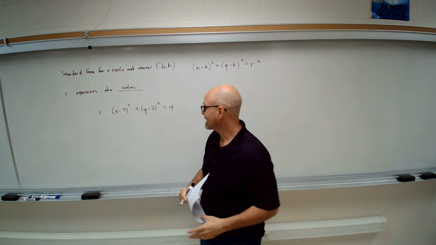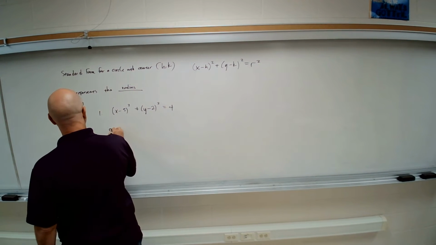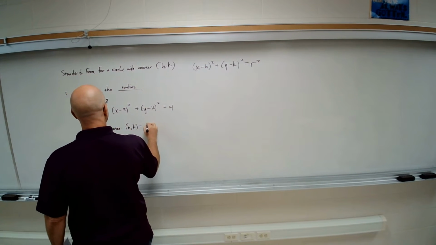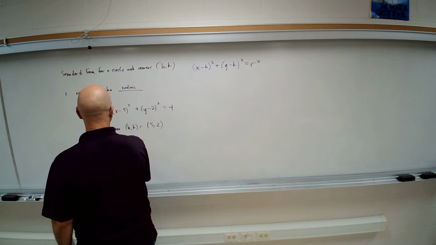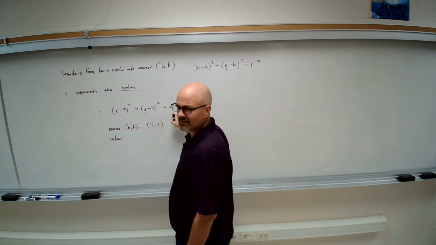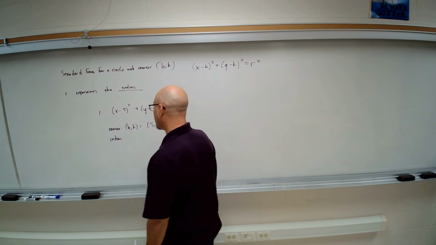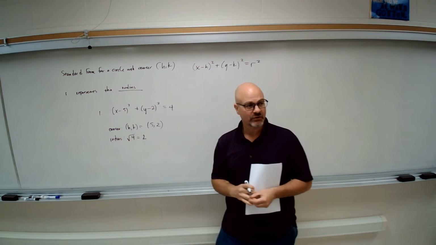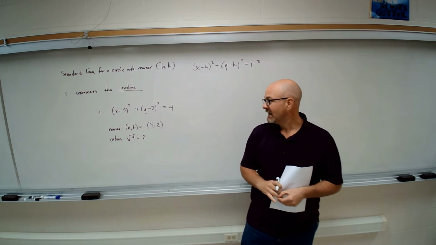So in this case, our center, which is (h, k), would be (5, 2), and our radius is going to be the square root of 4, which is equal to 2. That's how we're going to do that.